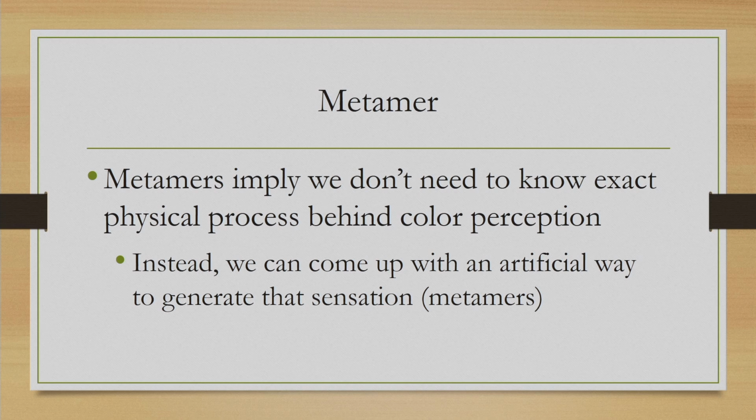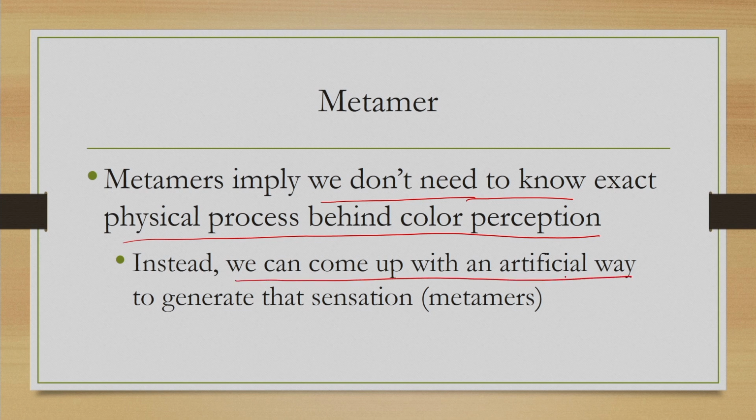So, what does it imply? Metamers imply that we do not need to know the exact physical process behind color perception, because the exact physical process may involve one particular spectrum, say S1. Instead, we can come up with an artificial way to generate the same sensation using another spectrum S2, which is in our control.